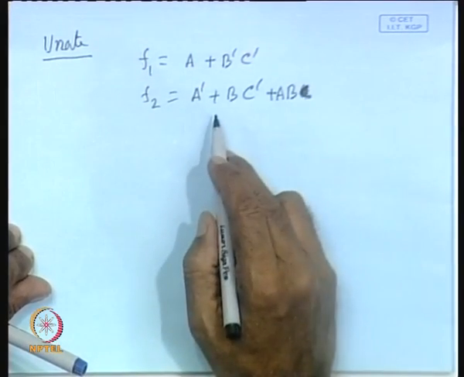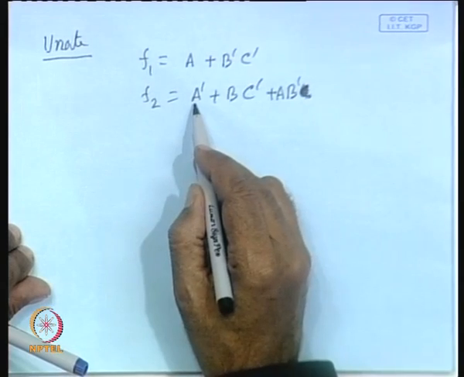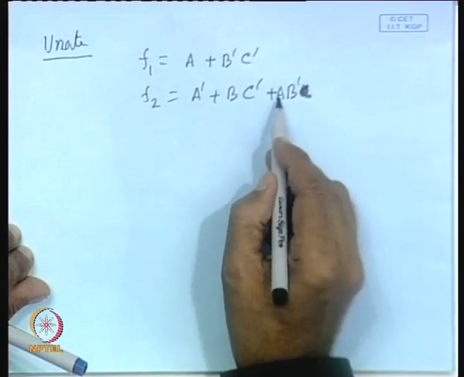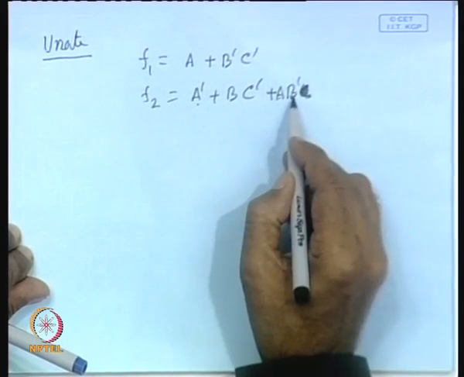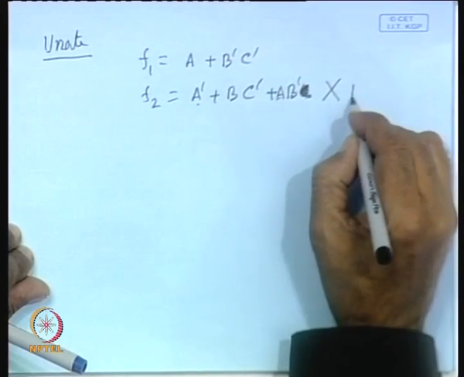In this case, as you can see, A is appearing both in complemented and uncomplemented form, B is also appearing in complemented and uncomplemented form. So, it is not a unit function.